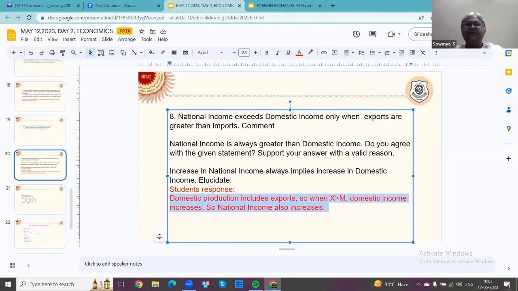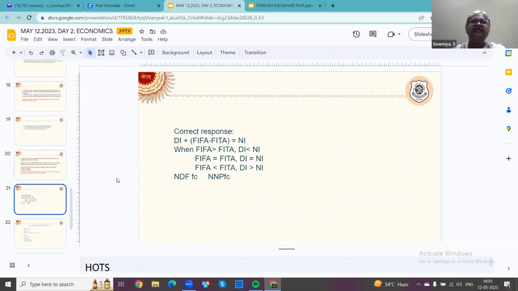Correct. But the only problem is children have not moved on to the second point at all. So this should also be there. They should bring out the difference between NDP and NNP through NFI.